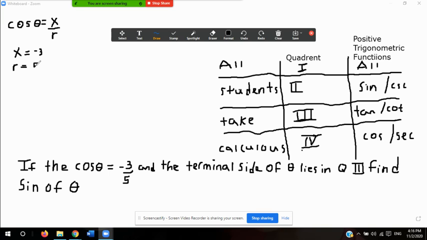Now, if we go back to the beginning of the video, I was explaining that to find r, we use the formula r equals the square root of x squared plus y squared.